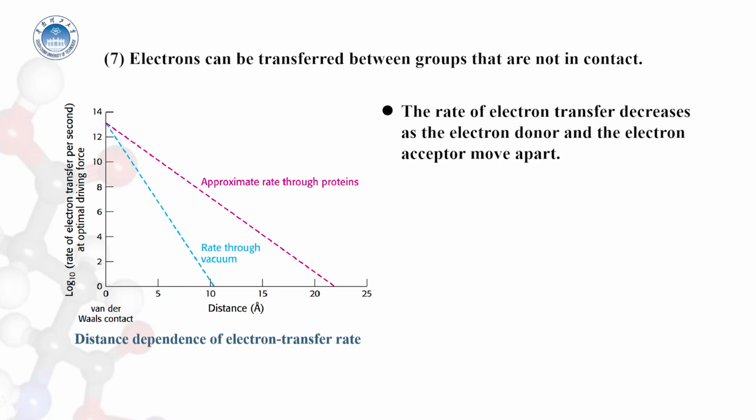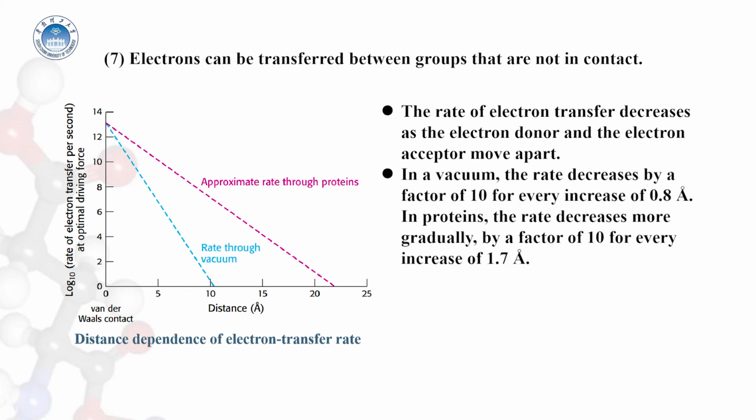However, the rate of electron transfer through space falls off rapidly as the electron donor and electron acceptor move apart from each other. The protein environment provides more efficient pathways for electron conduction. For groups in contact, electron transfer reactions can be quite fast.